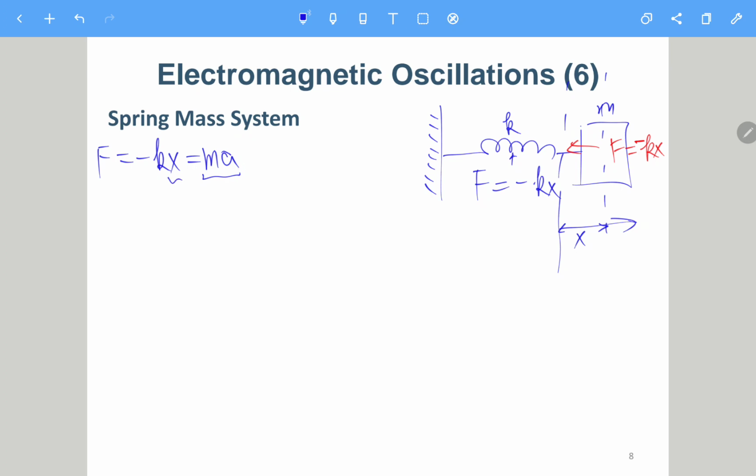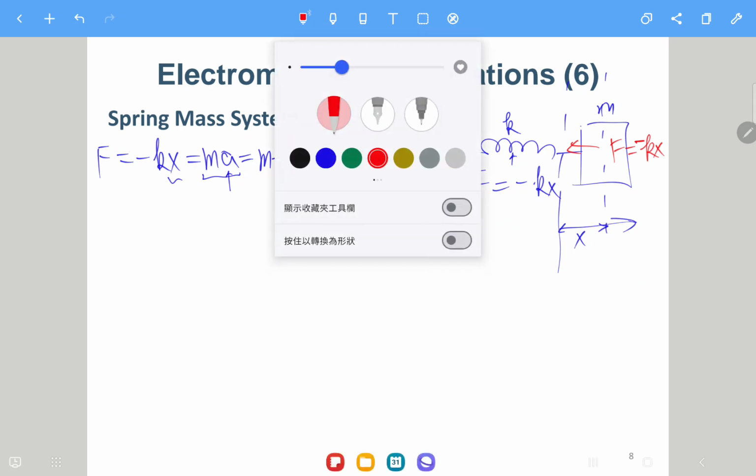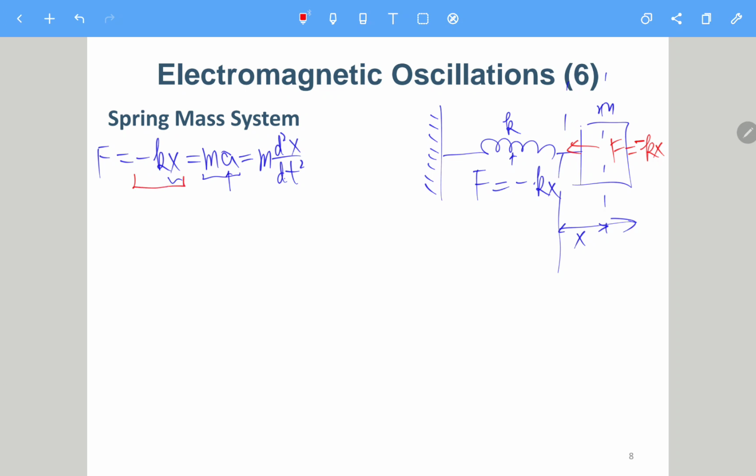So we change the variable, and it becomes m d2x dt2. This one is equal to this one.